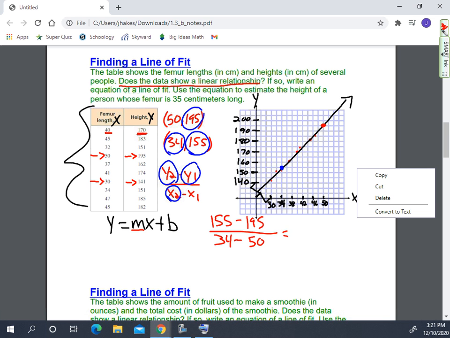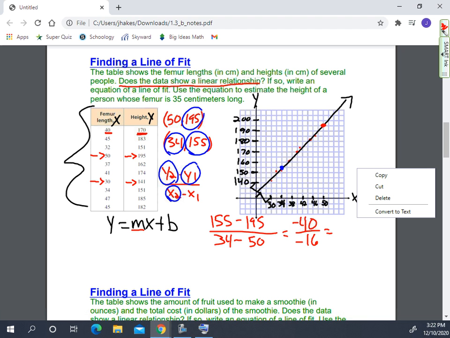Okay, and I can do this math. 155 minus 195, that's going to be a negative 40. Okay, so it goes up at a negative 40. No, that doesn't make too much sense, but we'll see. 34 minus 50 is an easy negative 16. Okay, that can be simplified. A negative over a negative is going to be positive. Okay, that makes a lot more sense.